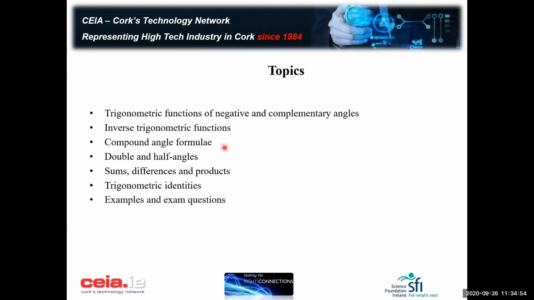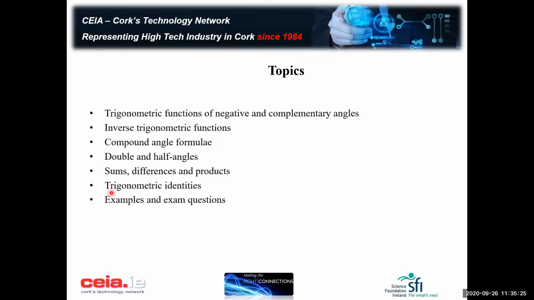Because they're in the log tables, you don't necessarily need to memorize all of those formulae, but you do need to be aware of the fact that they're there and how to use them. And in some cases, you need to be able to derive them. So we'll go through the derivation of several of those. And they can be broken down into the compound angle formulae, double and half angle formulae, and formulae involving transitioning sums and differences to products and vice versa.